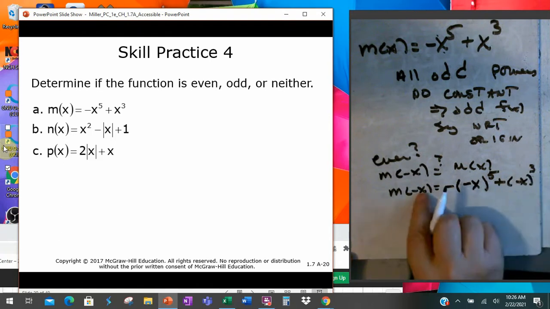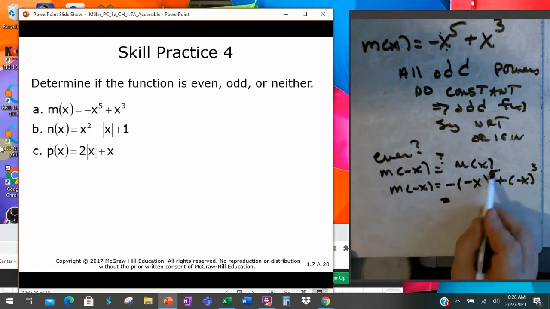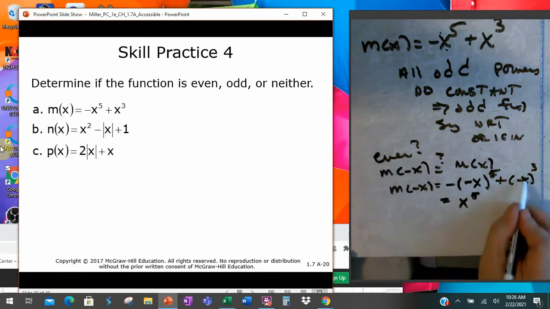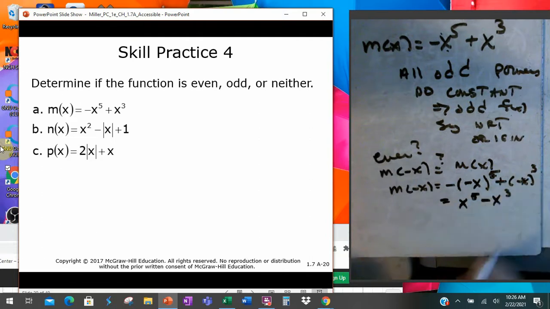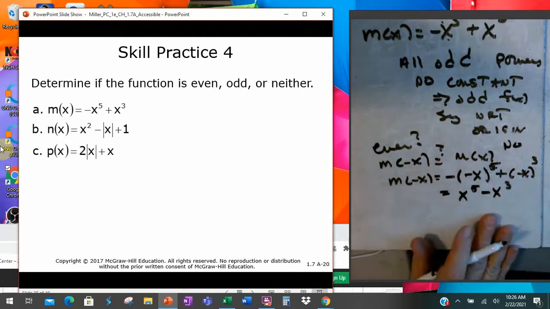That's what evaluating this looks like. This is an odd power. So -1 times -1. Now this is x to the 5th. This -1 is now minus x cubed. Okay, so no, it's not even.